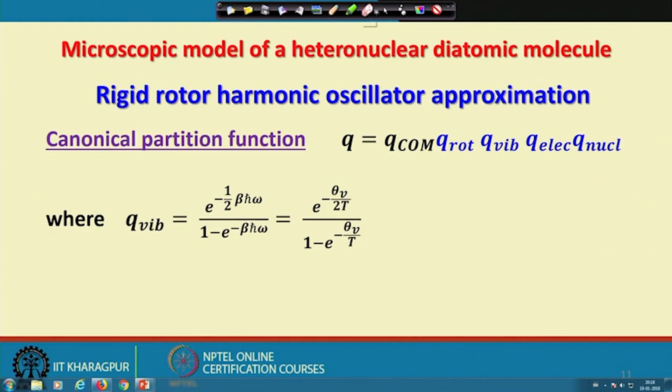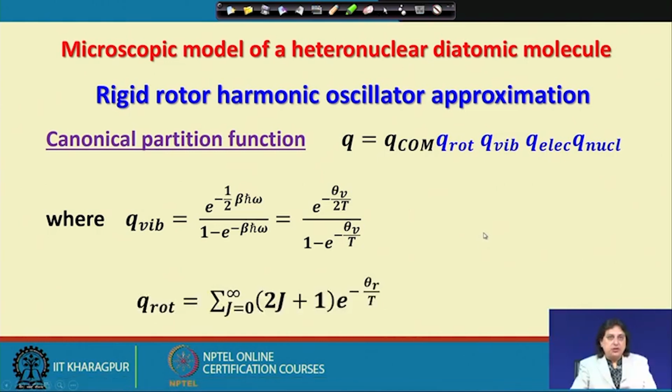Similarly, we can have within the approximation of a rigid rotor harmonic oscillator, q rot is this. Okay?